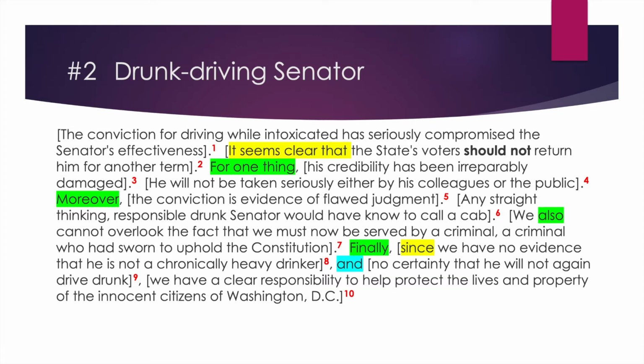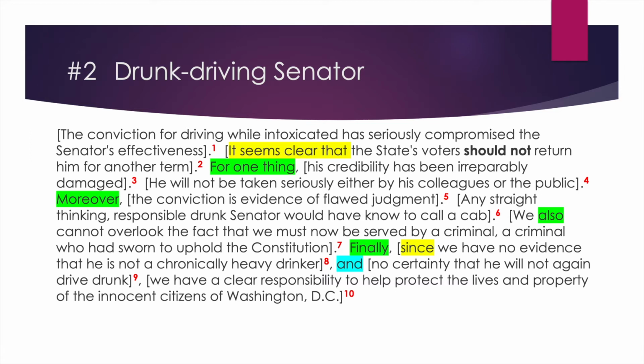We have a clear responsibility to help protect the lives and property of the innocent citizens of Washington, D.C. So that last assertion we number 10. So let's look just at the final sentence. We have 3 assertions here, and it seems to be that this will be the final line of argument as well, indicated by the word finally.